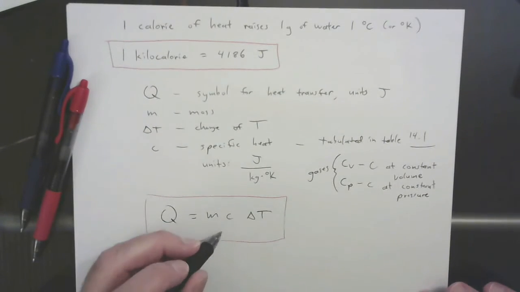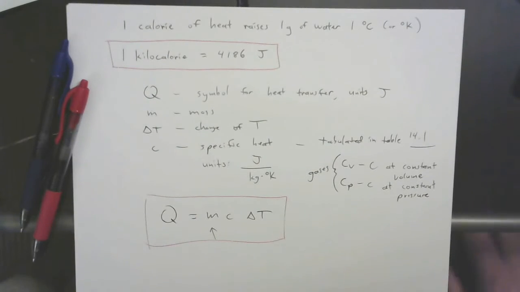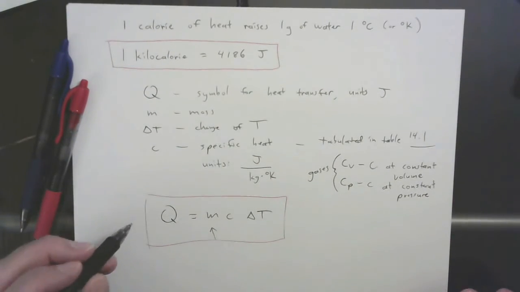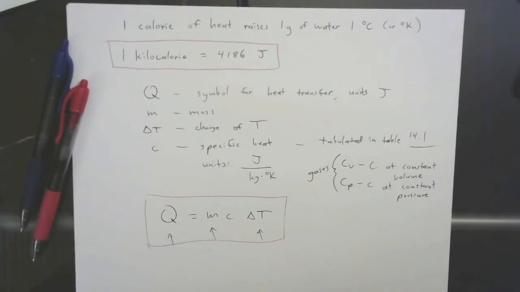So usually you'll know the mass, although I suppose you could concoct a problem where that was the unknown. But usually your unknown is going to be either the heat transferred or the change in temperature. And so basically it's just Q equal delta T with some stuff in the middle. So this is really by itself not a hard problem.